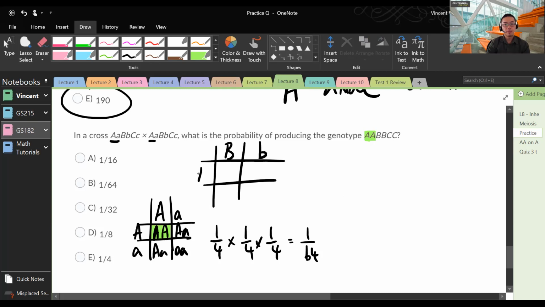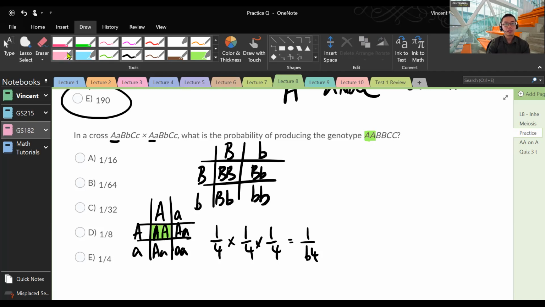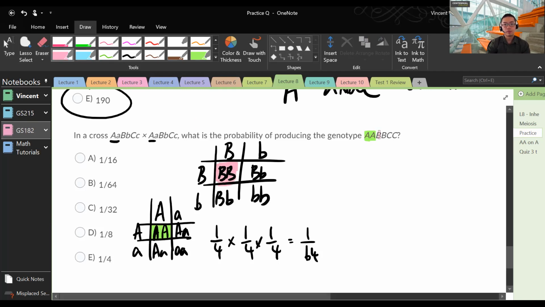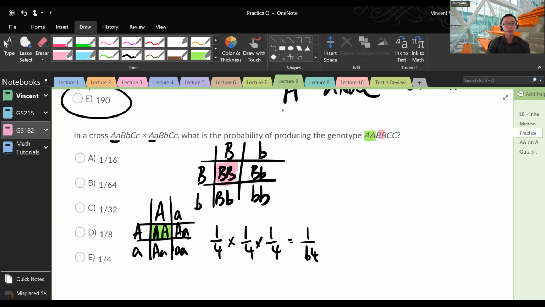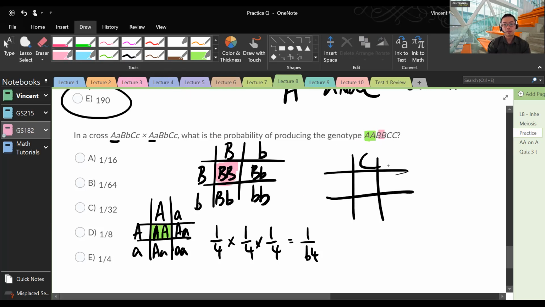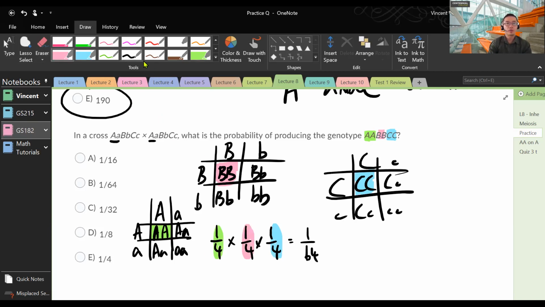Big B, small b, big B, small b, and another quarter for this. And then same thing for C. So quarter, quarter, and quarter multiplied together, 1/64. That's the answer.